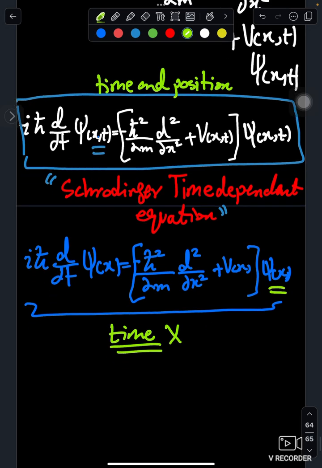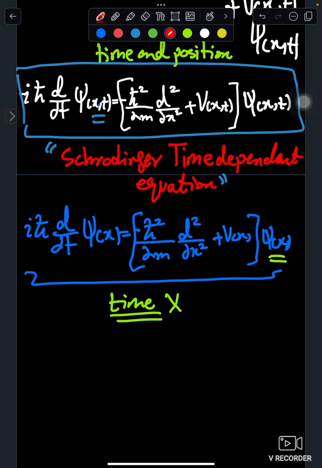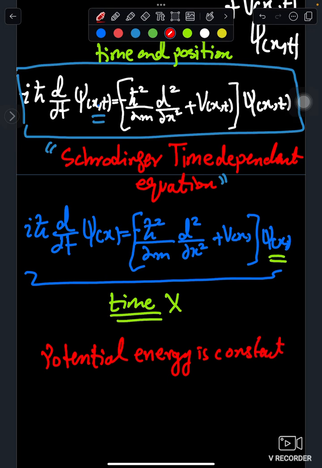And remember in these, potential energy is constant. There's no change in potential energy.